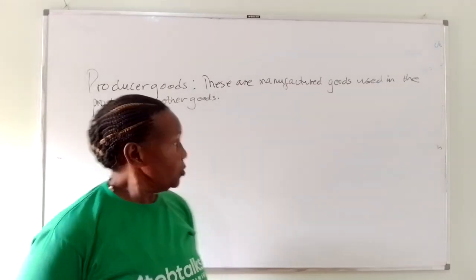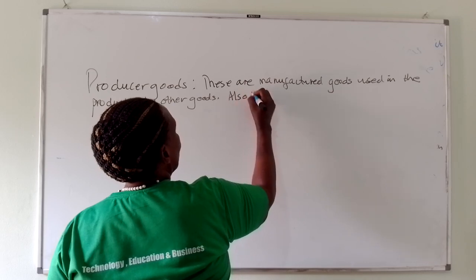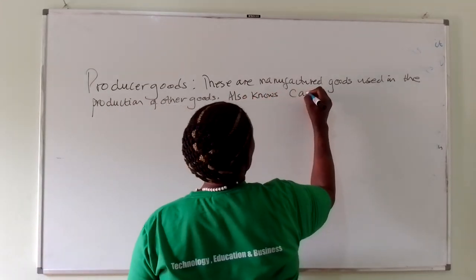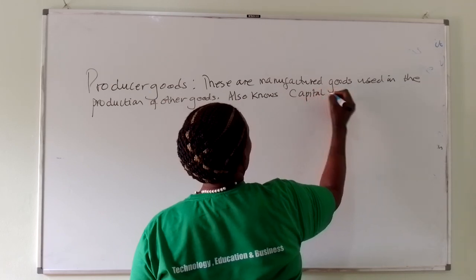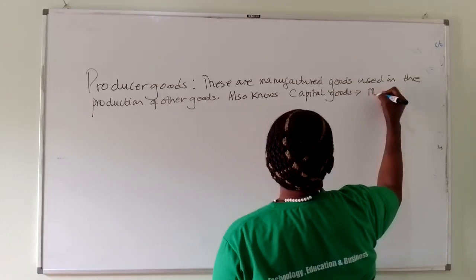They are also known as capital goods, and they're mainly in form of machinery.